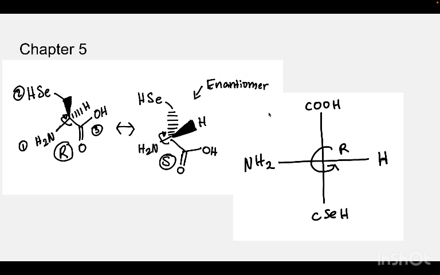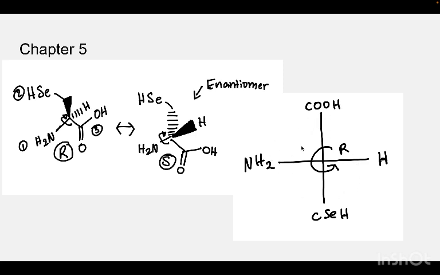And the Fischer projection is another way to basically show how you get the R group. We said that NH2 was 1, SeH was 2, COOH was 3, and in this case it has a counterclockwise direction.